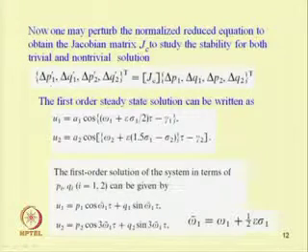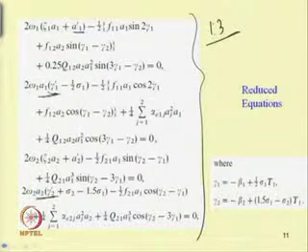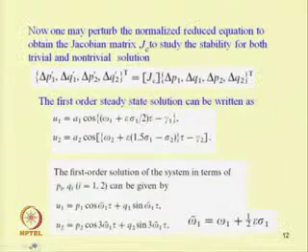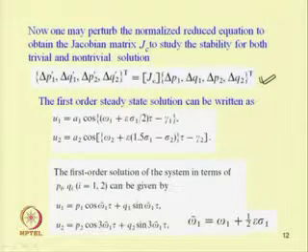Here P1 is taken equal to A1 cos gamma 1 and P2 equal to A2 cos gamma 2, and Q1 equal to A1 sin gamma 1 and Q2 equal to A2 sin gamma 2. These 4 reduced equations can be written in terms of another 4 normalized reduced equations, and perturbing those equations, one can write this equation where Jc is the Jacobian matrix.